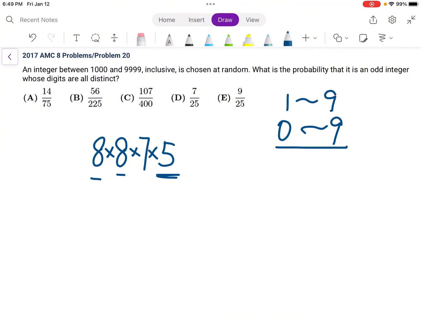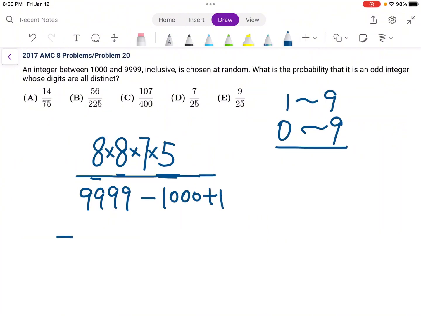That'll give us the total choices for the single digit, and that's for it's an odd integer, and the total number will be 9999 subtract 1000 plus 1. So we simplify this. On the top, it's still 8 multiply 8 multiply 7 multiply 5.